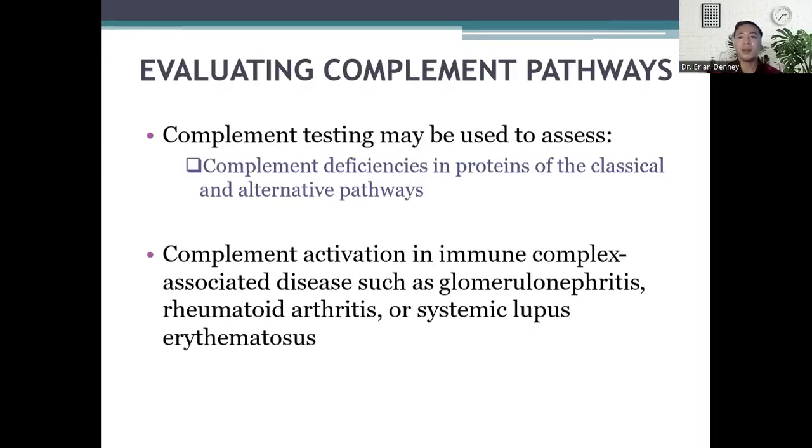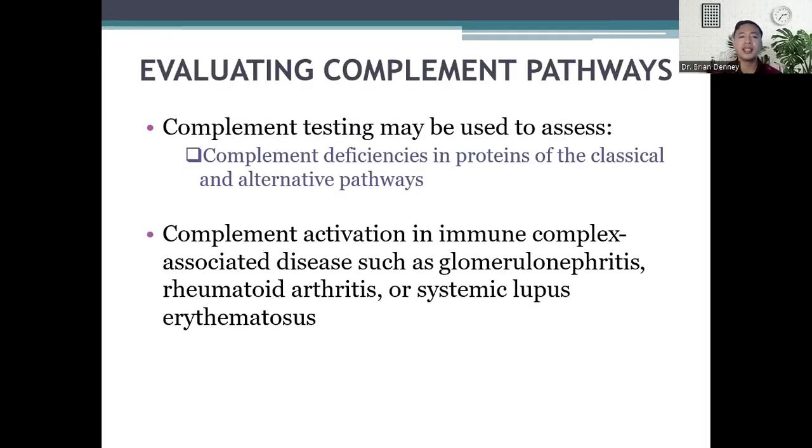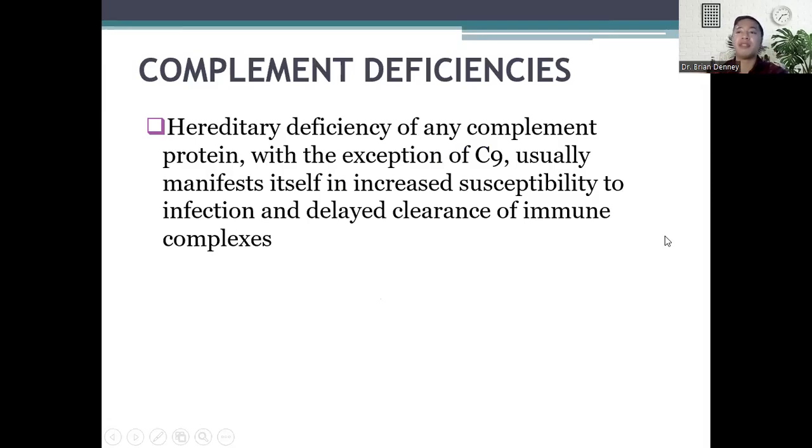So last topic, last few slides, we have evaluation of the complement pathway. This is our job as medtechs. So what do we do in the lab? Basically, remember there is what we call in the previous slide complement deficiency, meaning you are lacking some complement proteins in your serum such that you are now more prone to infection.